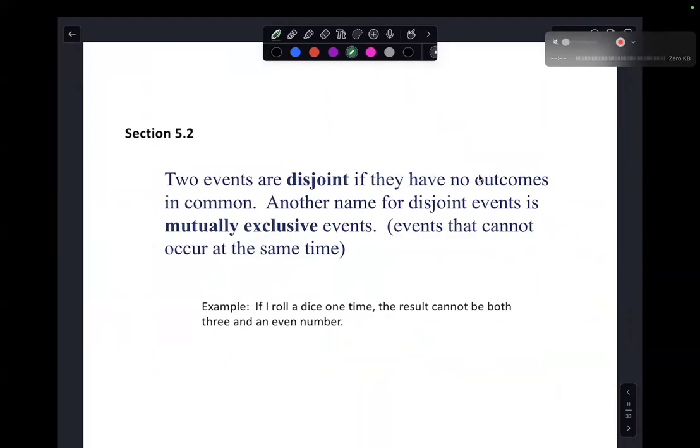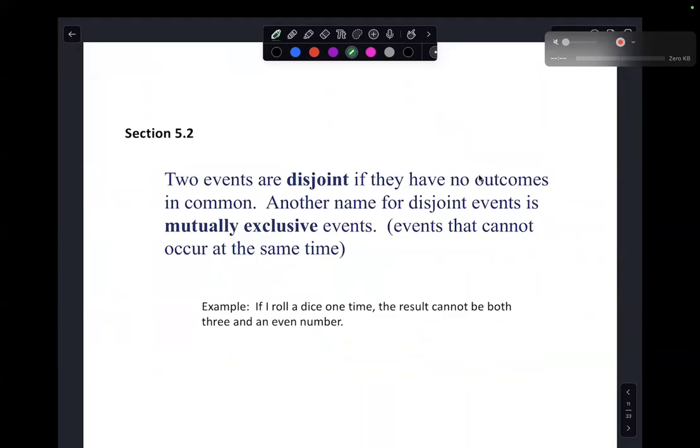If you keep track of that sort of thing, we're going to start 5.2 and we're going to learn about the addition rule. The addition rule is fairly simple, but there's a couple little points that sometimes people get stuck on, and I'm hoping I can catch those. Two events are disjoint if they don't have any outcomes in common. Disjoint and mutually exclusive are the same thing.